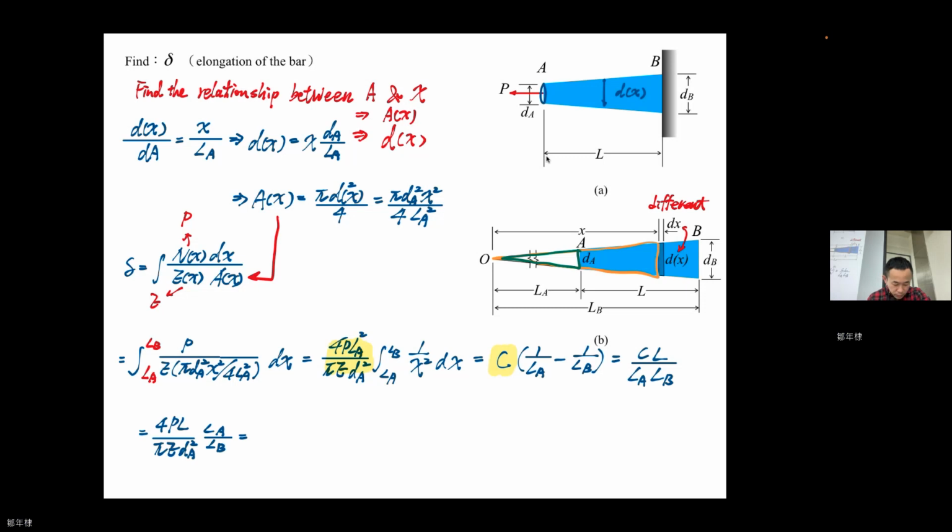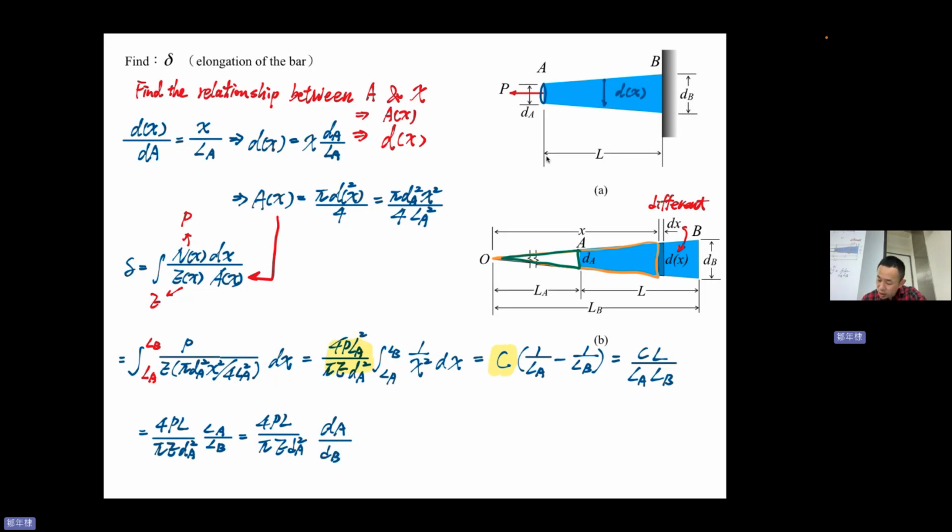So, 4PL divided by pi E dA square, dA divided by dB.